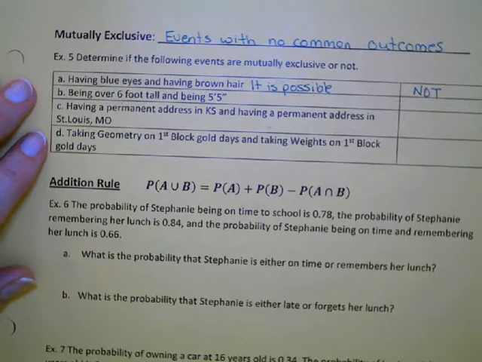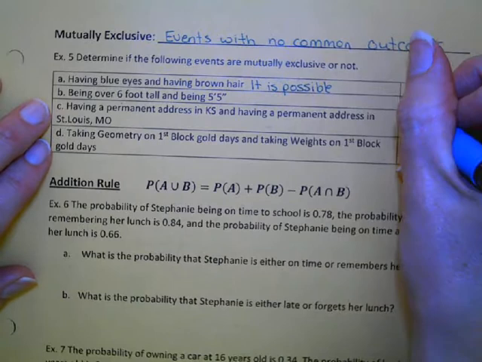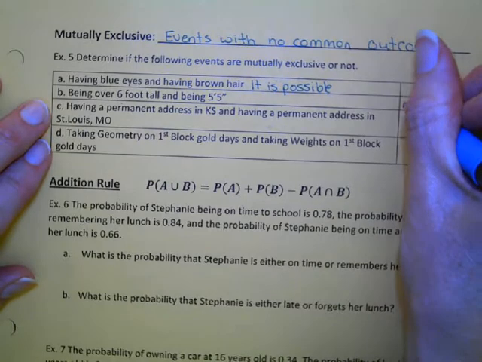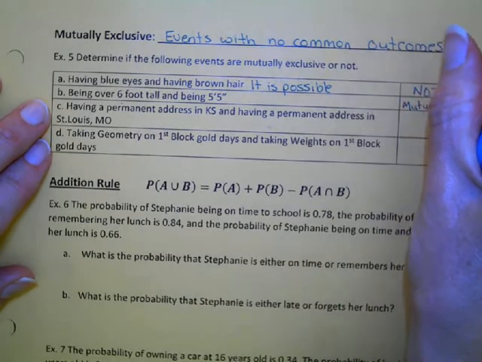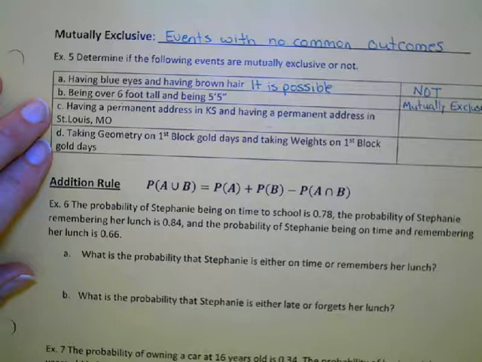So being over 6 foot tall and being 5'5", those two things cannot happen at the same time. So this is called mutually exclusive. Can't be over 6 foot and be 5 foot.